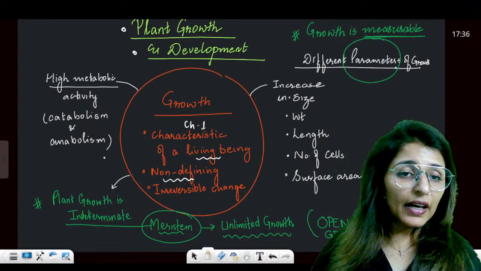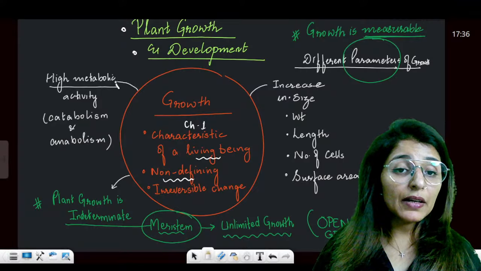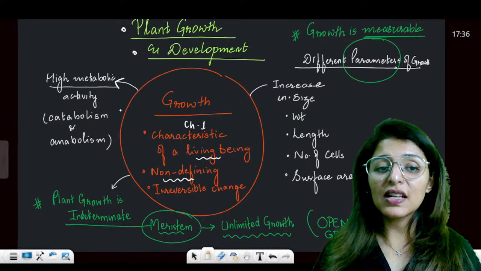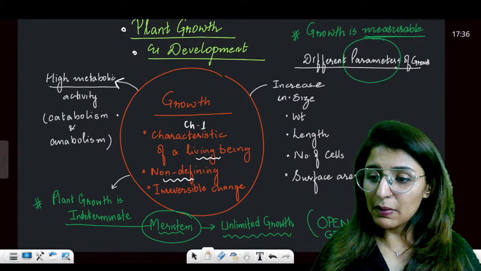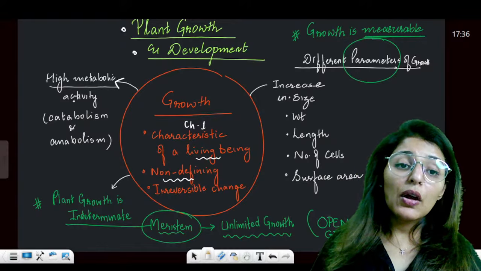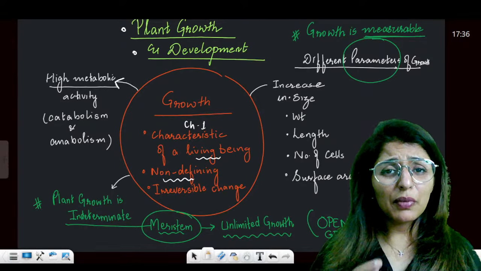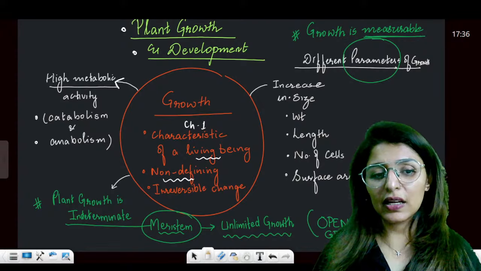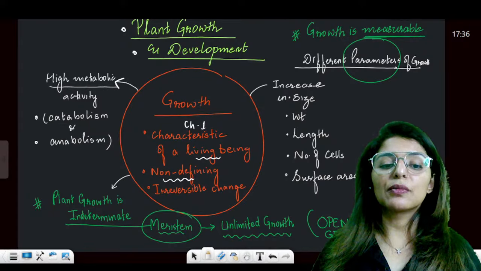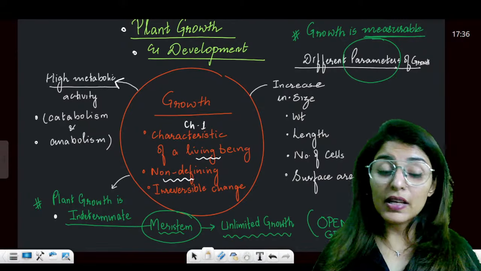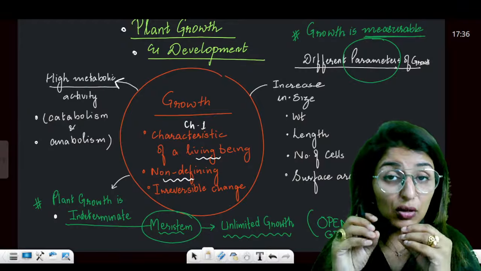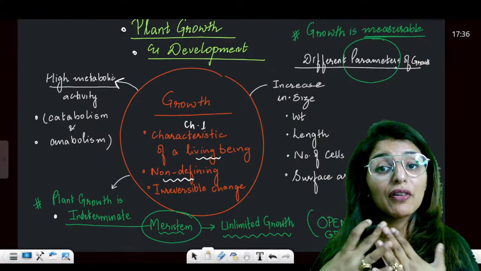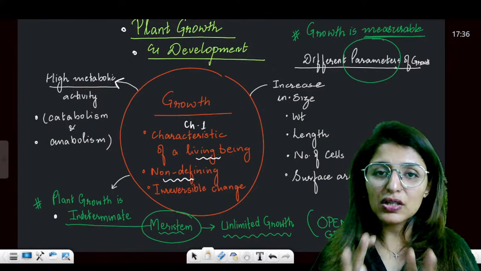All right, moving again, then we have high metabolic activity. Growth demands a high metabolic activity, right? Why? Because there are a lot of breakdown and build up processes going on. So it involves both catabolism as well as anabolism. Now in plants, guys, growth is indeterminate. Why is it indeterminate? Because it's not fixed. Like in case of animals who have a fixed growth, our growth is not fixed.